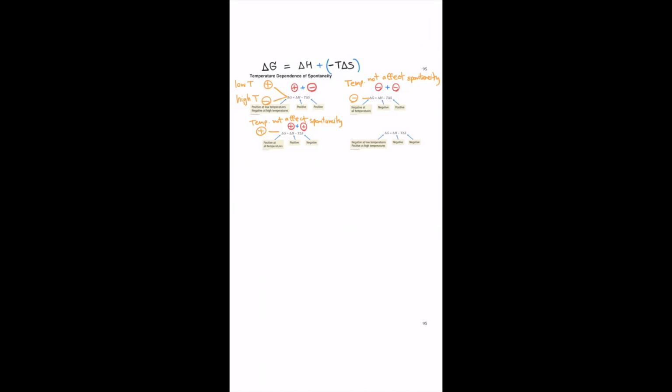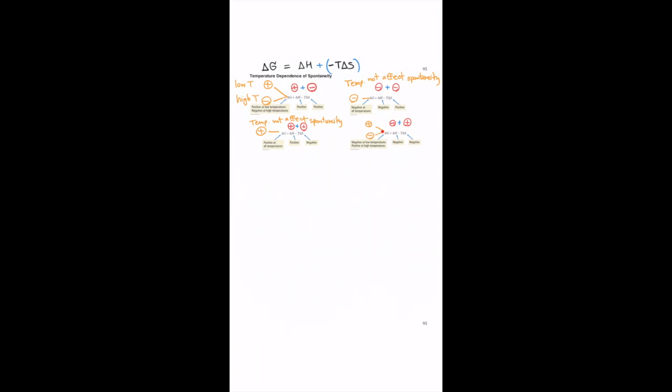The last scenario is when you have an exothermic reaction, so delta H would be negative. When this negative is added to the negative T delta S term, if the entropy change is a negative value, the negative multiplied by the negative makes the overall term a positive value. And when the different signs are added together, this is when the spontaneity depends on the temperature.